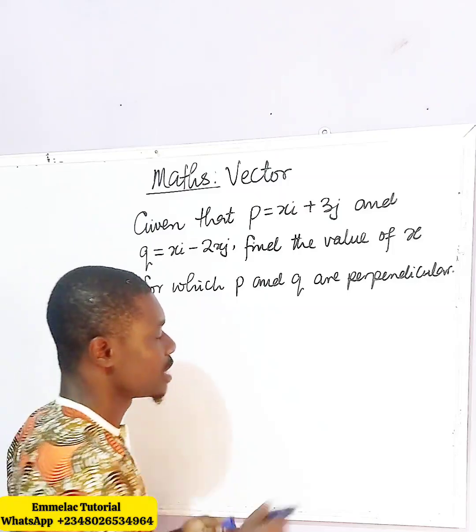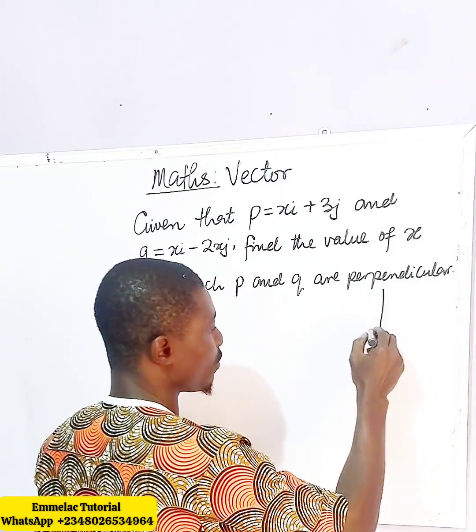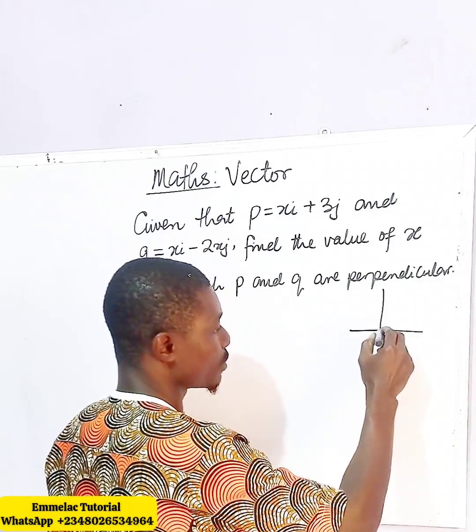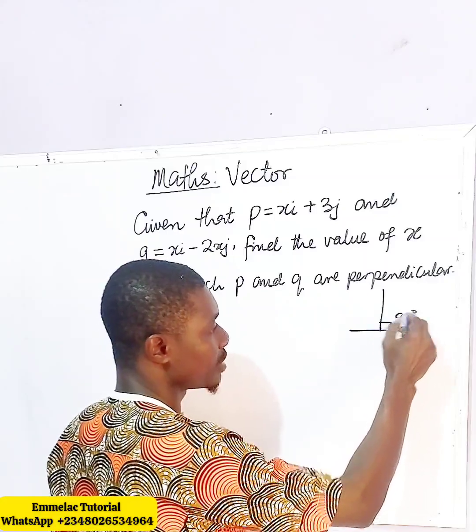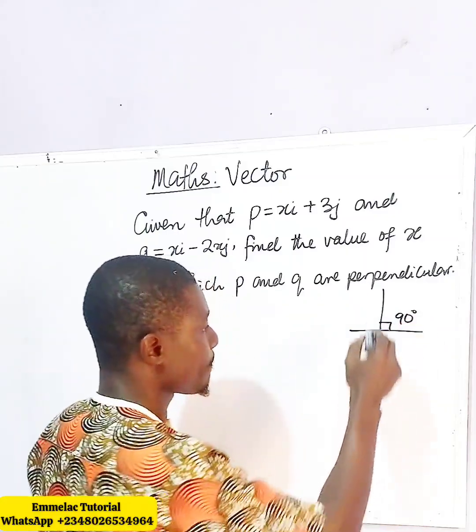What does this imply? The perpendicularity of two vectors implies that they are at 90 degrees to each other.